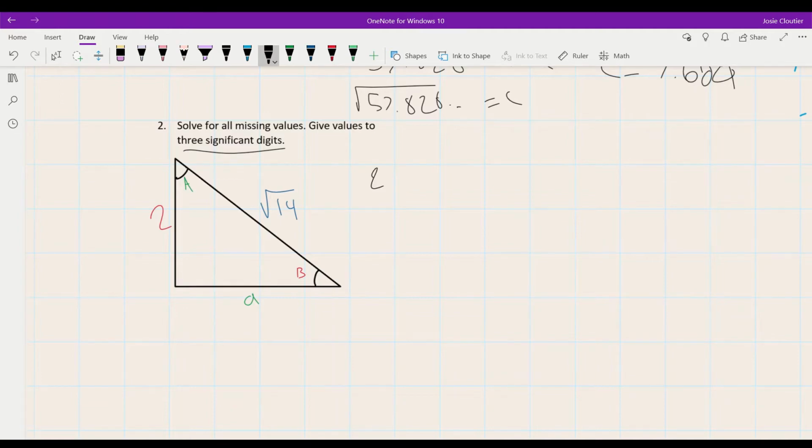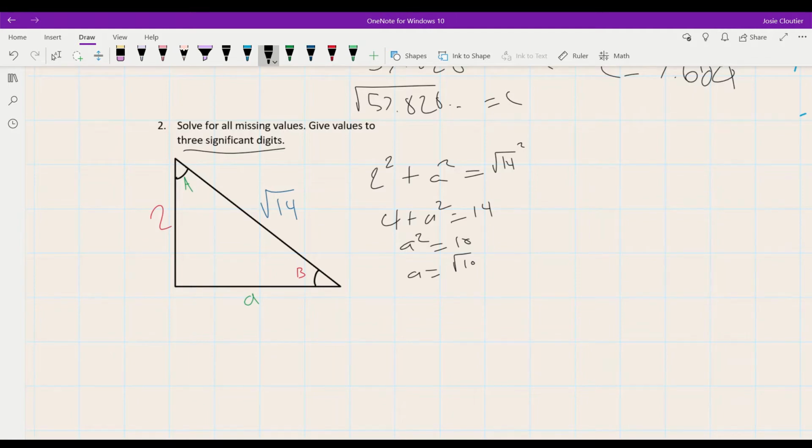So we need 2 squared plus a squared is going to equal square root of 14 squared. So 4 plus a squared equals 14. A squared equals 10. A equals the square root of 10.